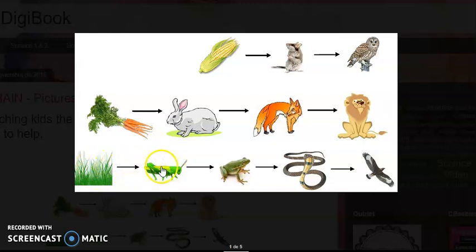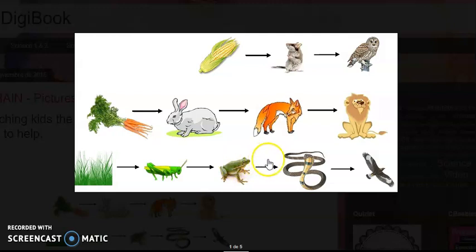So the arrow points at the animal that feeds on the other, okay? You can see this grasshopper feeds on the grass. So the arrow points at where the energy goes to. So the energy flows to the grasshopper, then the energy flows to the frog, which means the frog feeds on the grasshopper.